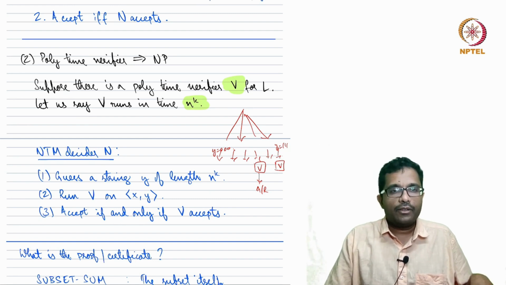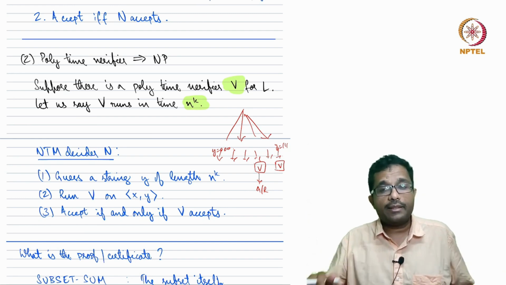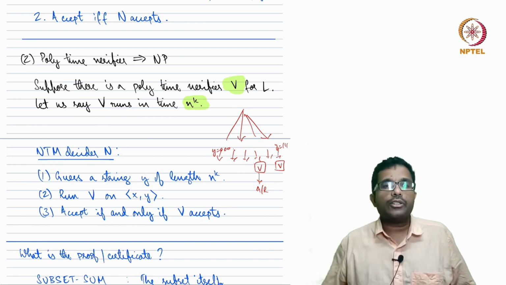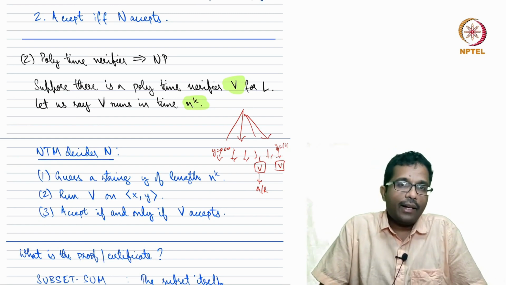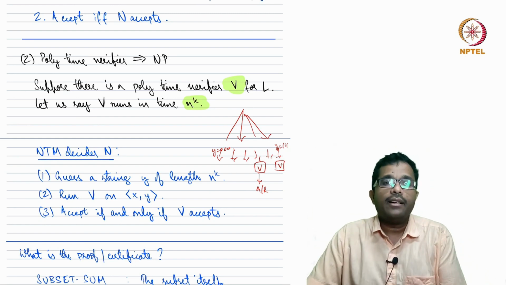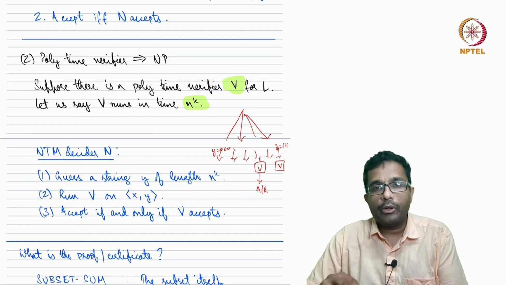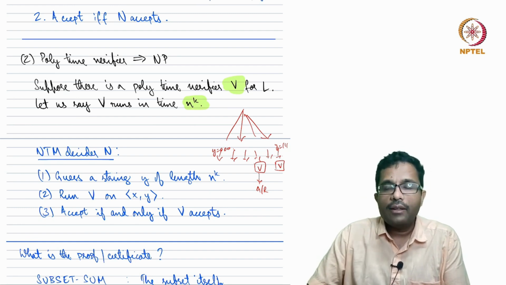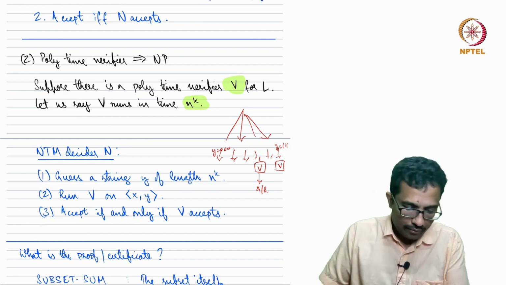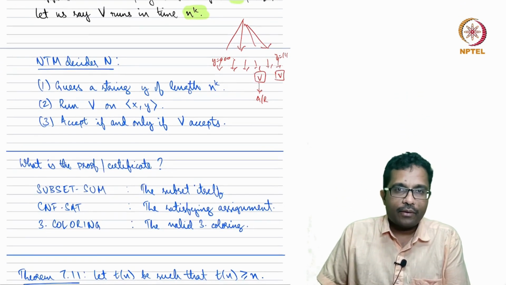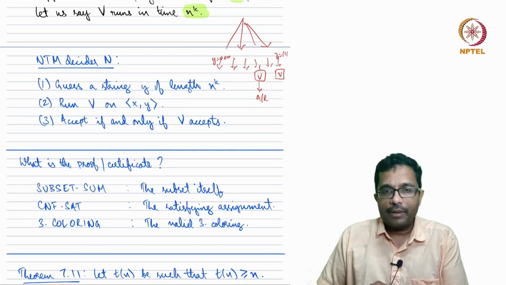So now if you want to show something is in NP, instead of showing that it has a non-deterministic polynomial time decider, I can also show that it has a deterministic verifier. You can verify the membership of a particular string in the language.